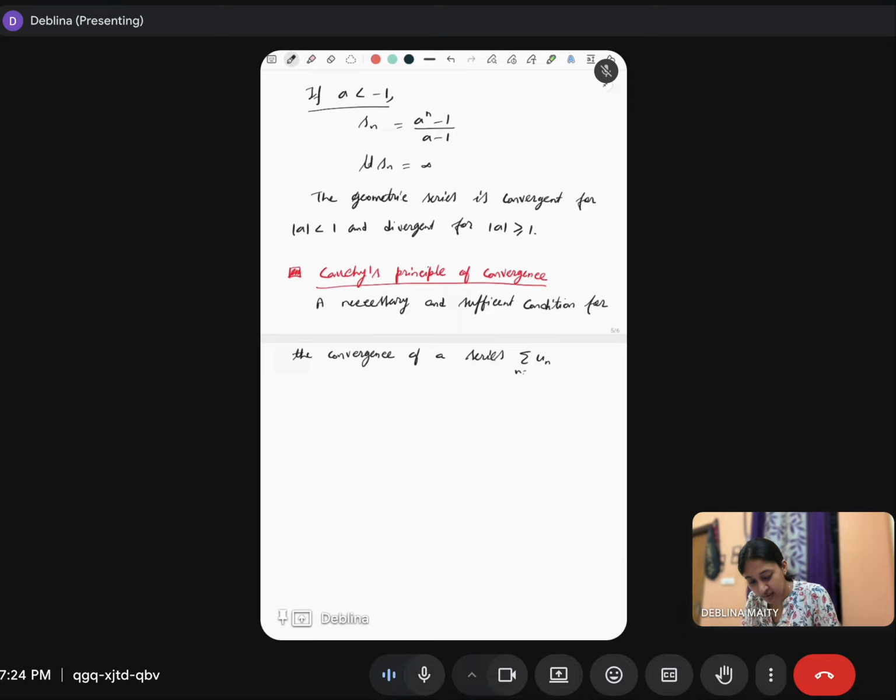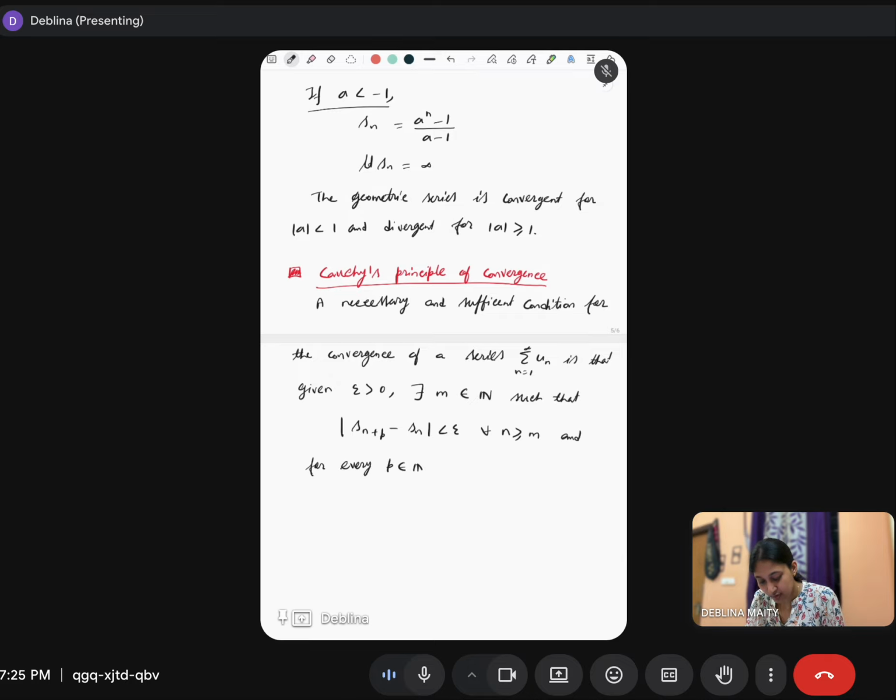Suppose this is the series un, n equals 1 to infinity. Given any positive epsilon, there exists a natural number m such that mod of Sn plus p minus Sn is less than epsilon for all n greater than or equal to m and for every p belonging to the natural numbers.